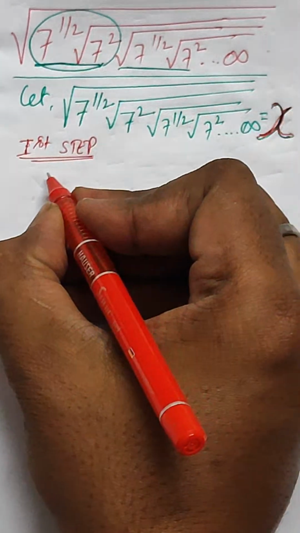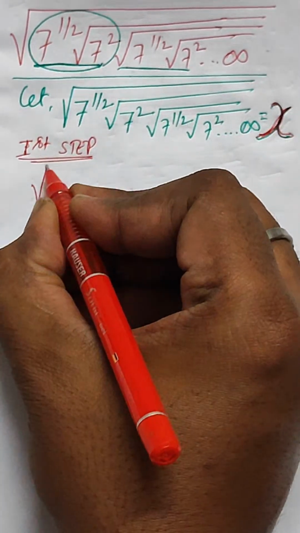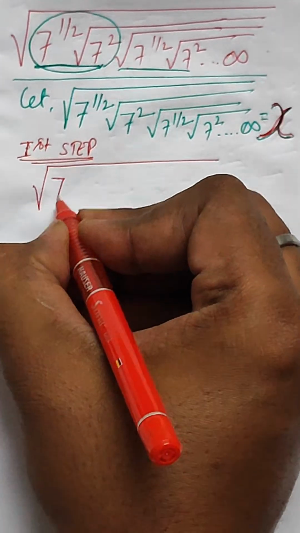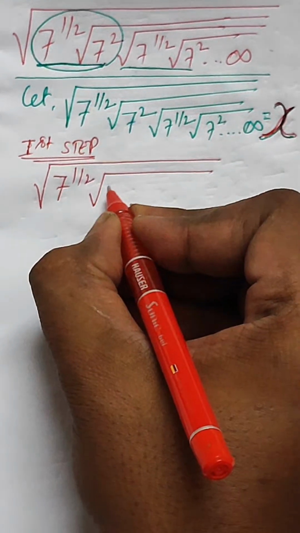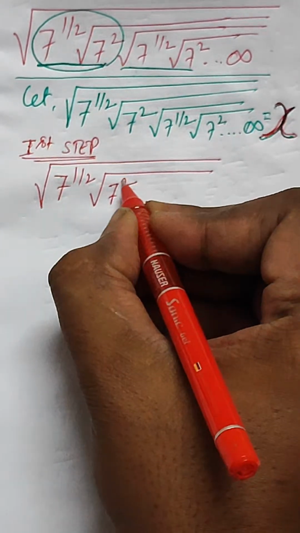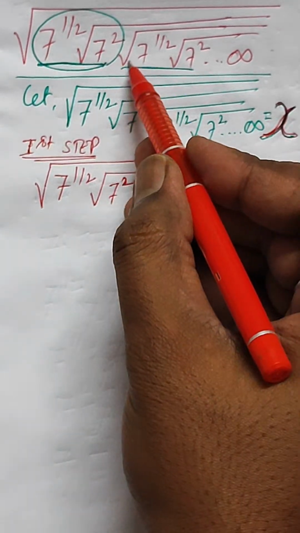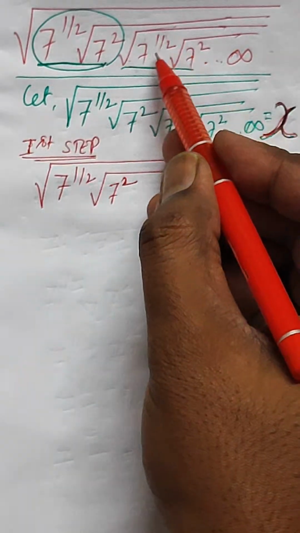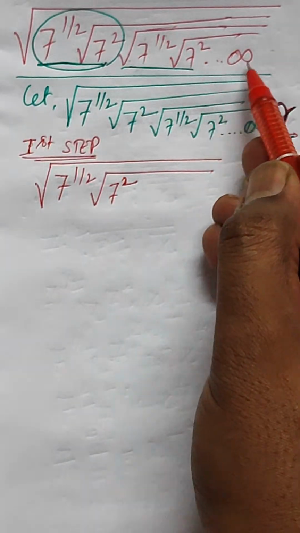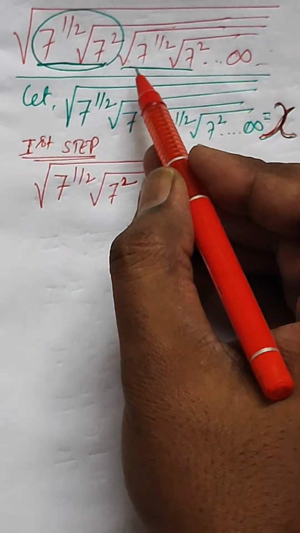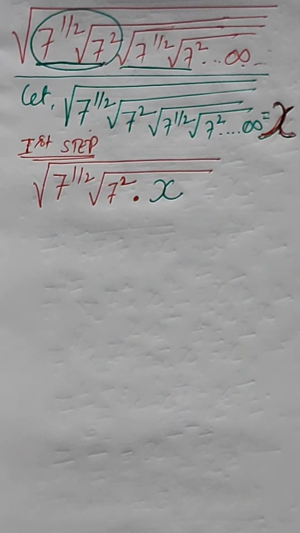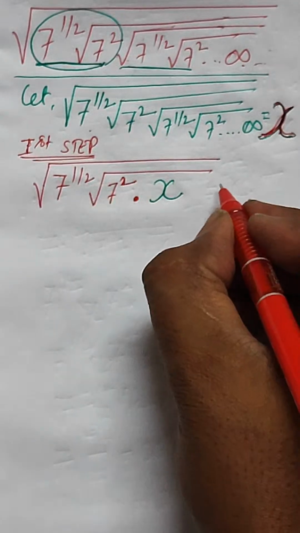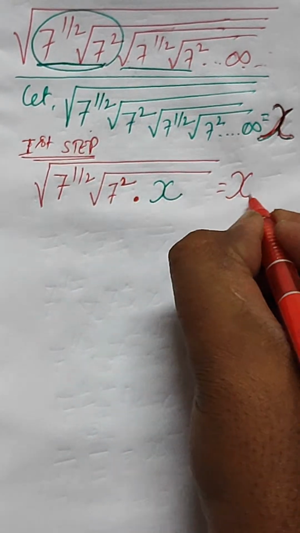So in the next step we can write the above question as 7 power 1 by 2 into root over of 7 square, then again this set is coming, root over of 7 power 1 by 2 root over of 7 square like this, now x, and this all will be equal to x.